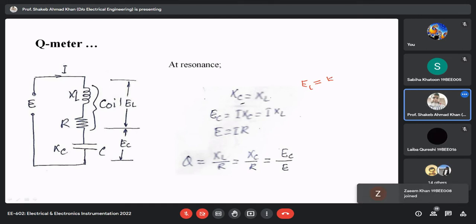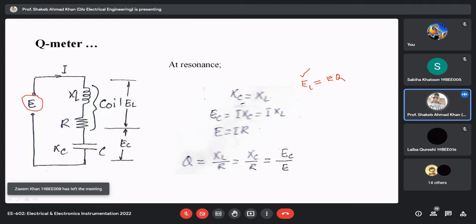Your excitation is constant and known. The value of the voltage you are applying is constant, and you are required to keep it constant. So obviously as the quality factor changes, your voltage across the capacitance will change.